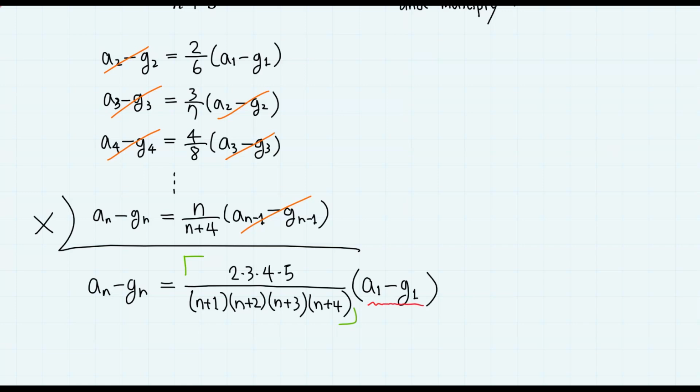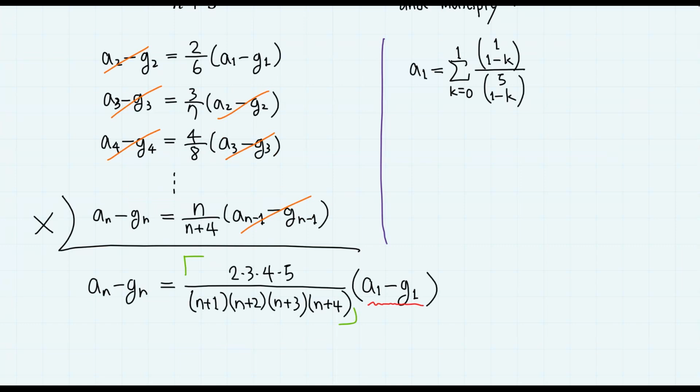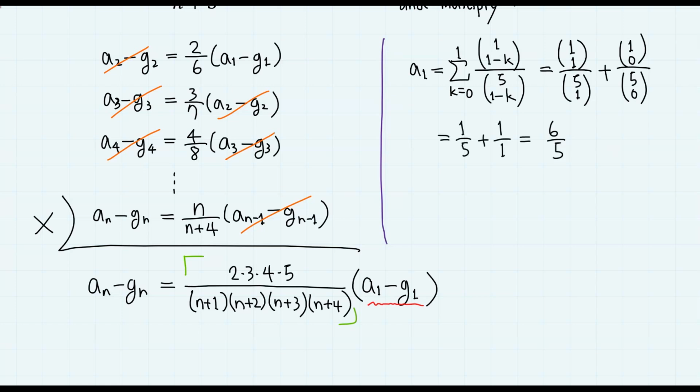because let us take a look at a1 minus g1. a1 is just this simple summation where k changes from 0 to 1 of 1 choose 1 minus k over 5 choose 1 minus k, which is this, which gives the value 6 over 5. And from the expression for gn, g1 is also equal to 6 over 5.